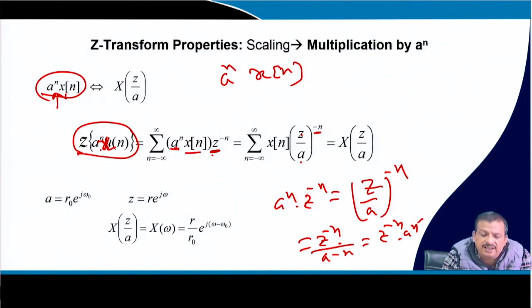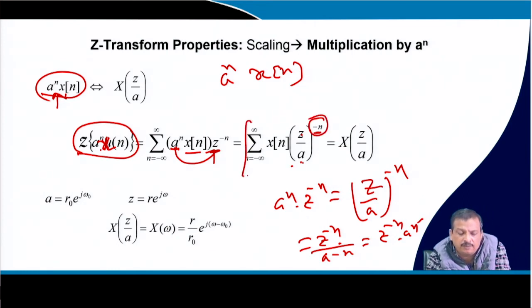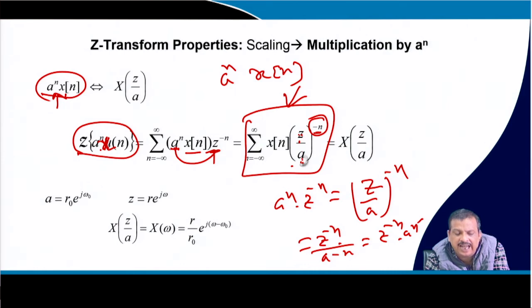That is why I have written a to the power n and z to the power minus n in the form of z by a to the power minus n. So, now you can see this one looks like a z transform, while instead of z, I have z by a. So, I can say it is nothing but X of z by a.